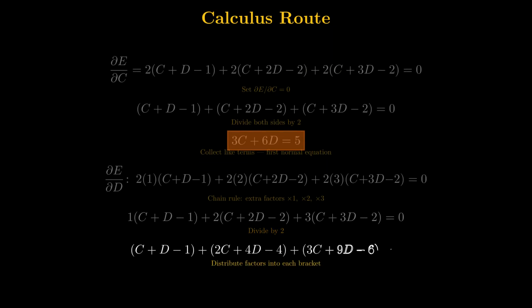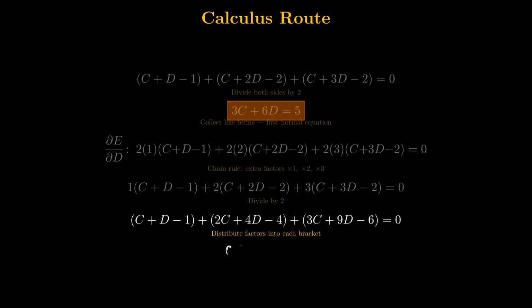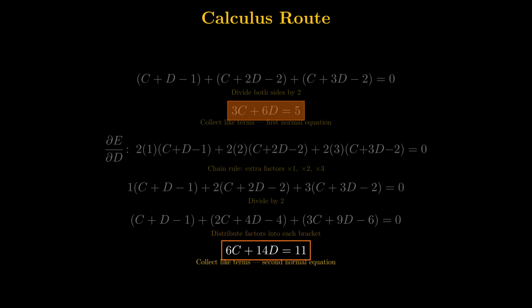Expanding, c plus d minus 1 plus 2c plus 4d minus 4 plus 3c plus 9d minus 6 equals 0. Collecting terms, 6c plus 14d minus 11 equals 0, giving us 6c plus 14d equals 11.